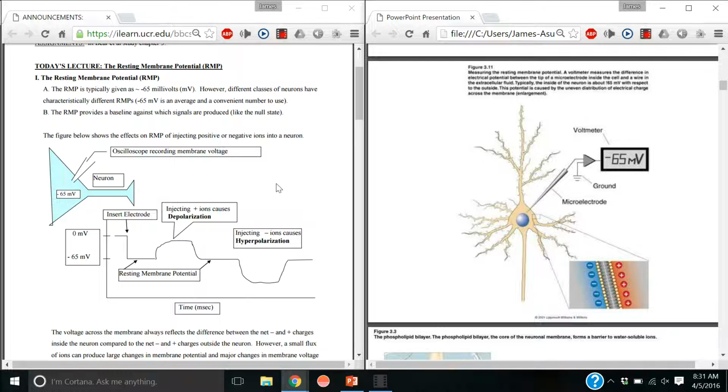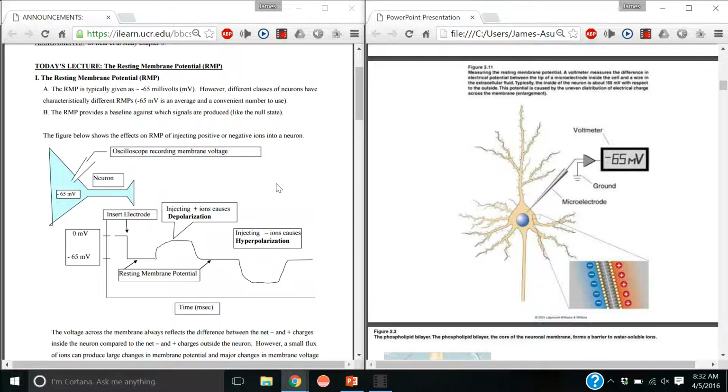The short answer is capacitance, but that's beyond this course. So it takes a little bit of time for the membrane potential to reach a new value. And then when you stop, about here, injecting the positively charged ions, then the membrane potential repolarizes back to the resting value. The why part will be explained later.